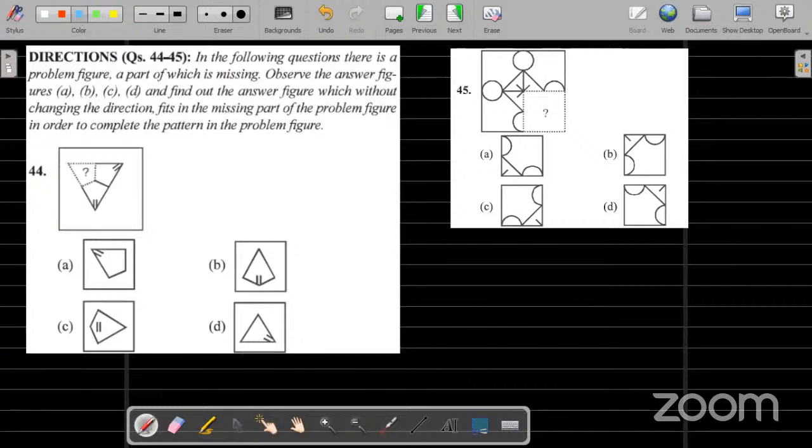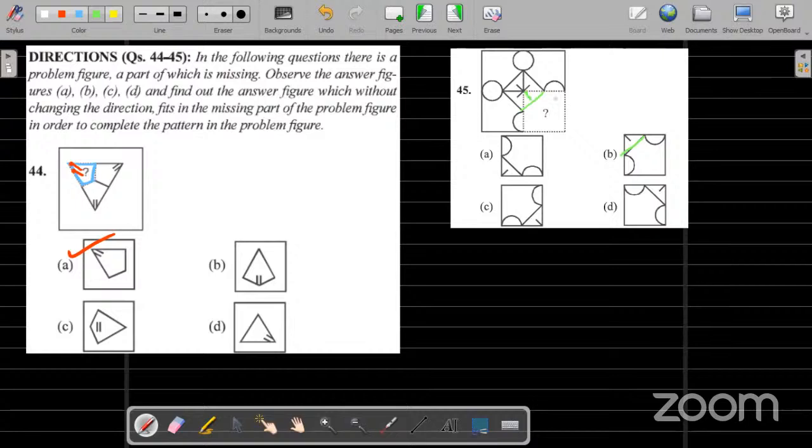So I'm just thinking of completing the problem figure. Has to be a quadrilateral there, and there have to be 2 lines inside, and this is the exact answer to the question, right? Here 45 also is the same question. I'm thinking of completing the inner square, and on looking at the options, only one option is having that line like this, so that must be the answer.